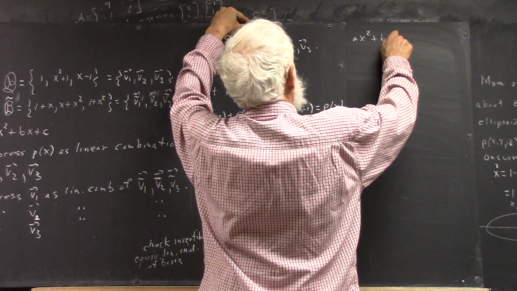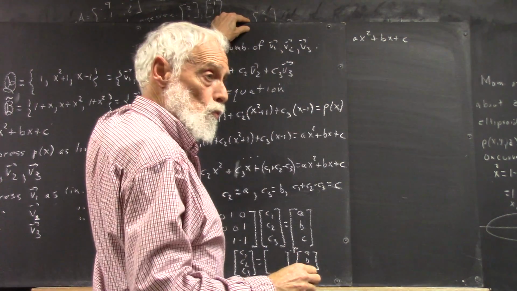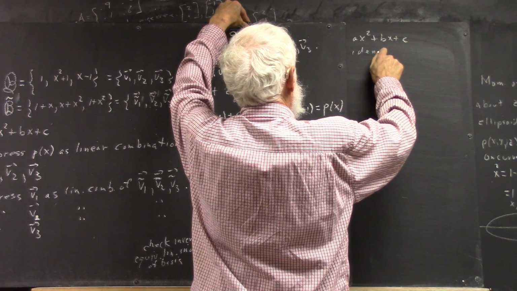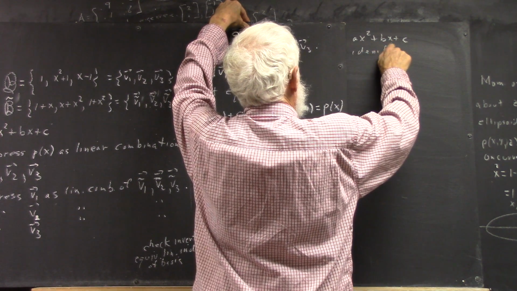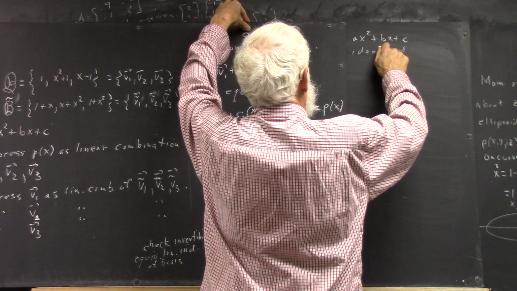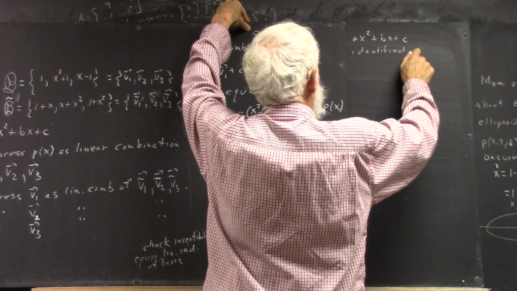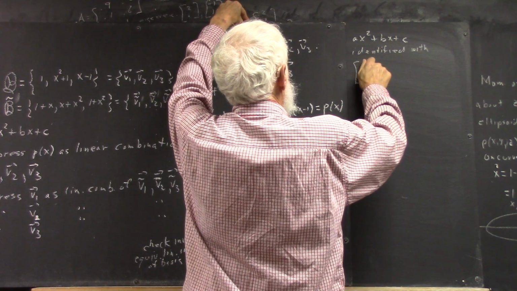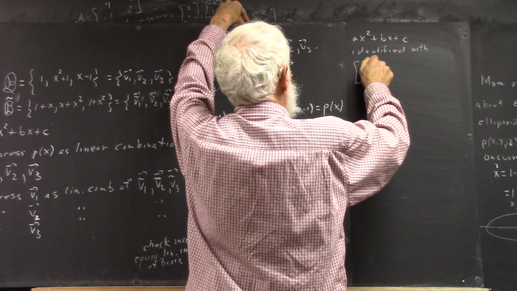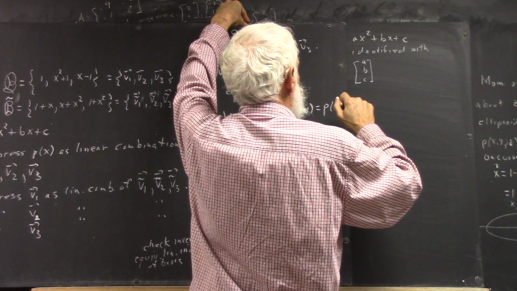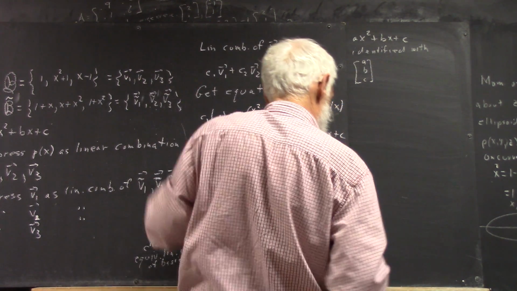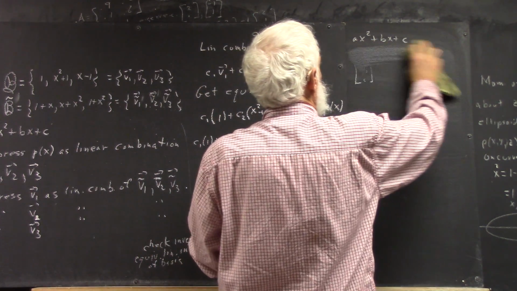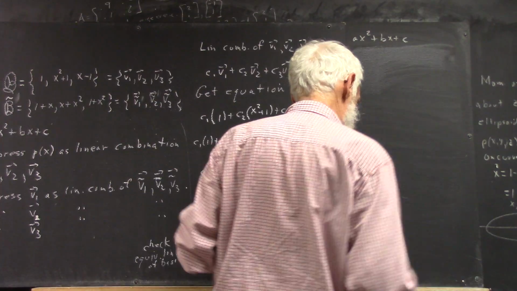So that AX squared plus BX plus C, I don't even want to say it's identified with the ABC. I think that's going to be confusing. Okay.